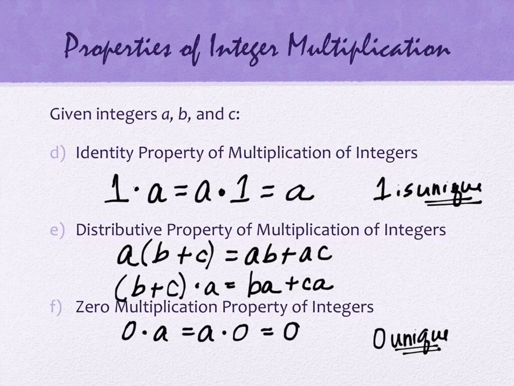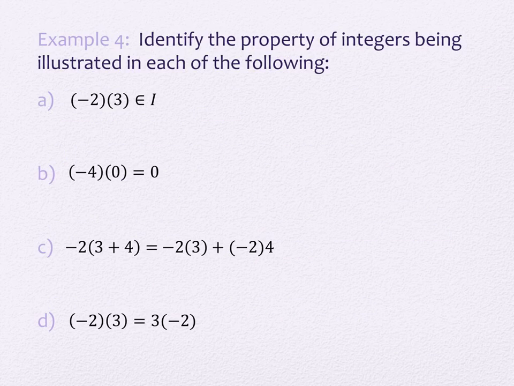All right, so what we're going to do is we'll do one more example and we'll call it quits for today. This is an example where we identify the property used. So write them down, take like 30 seconds to figure out which one you think is which for A through D, and then we'll make sure everybody has the same thing.